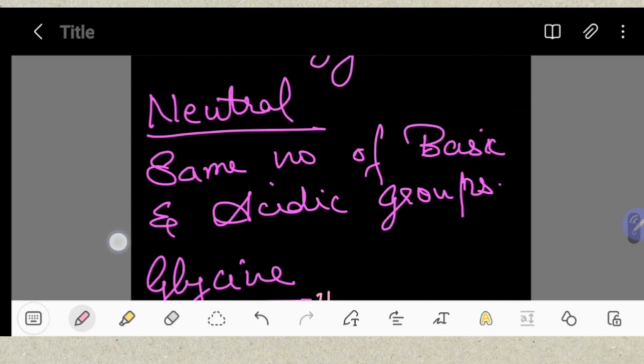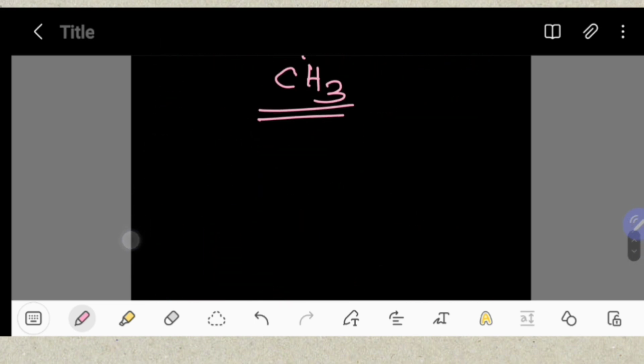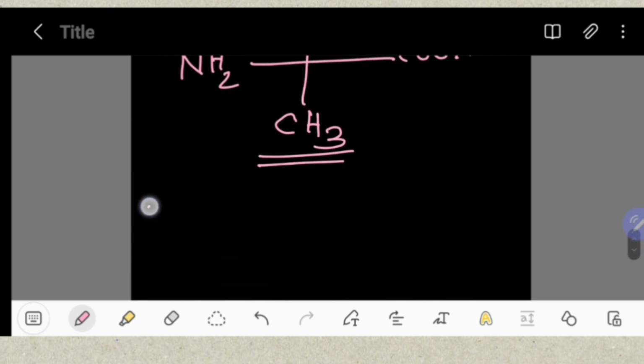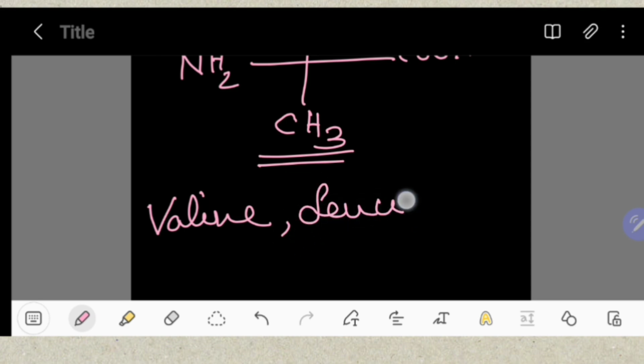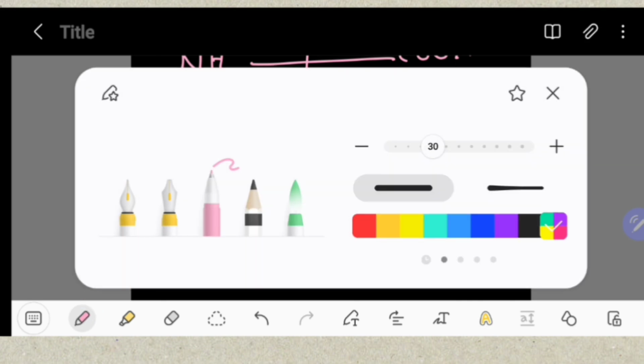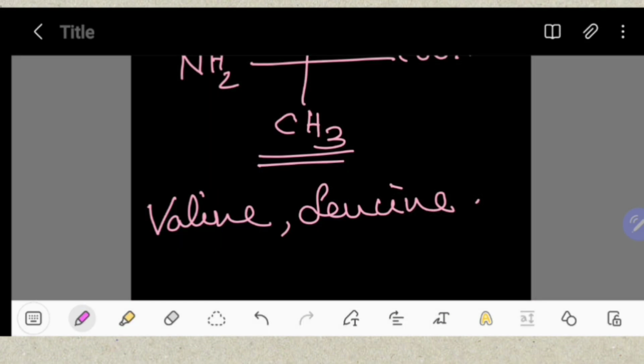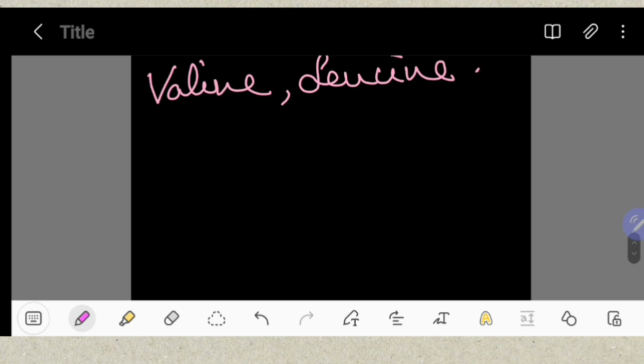Examples of neutral amino acids are glycine, alanine, valine and leucine. Now next is acidic.